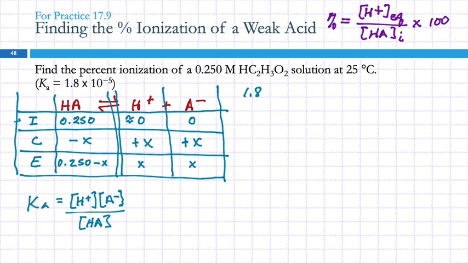So 1.8 times 10 to the minus 5 is equal to x squared over 0.250 minus x. It would be interesting to see what you can do faster, the x is small approximation or the solver.